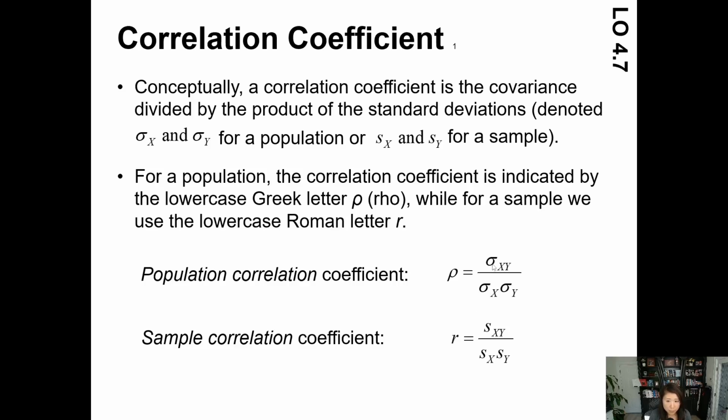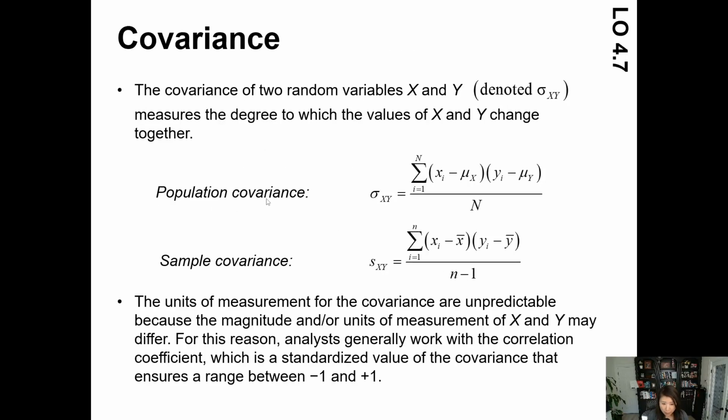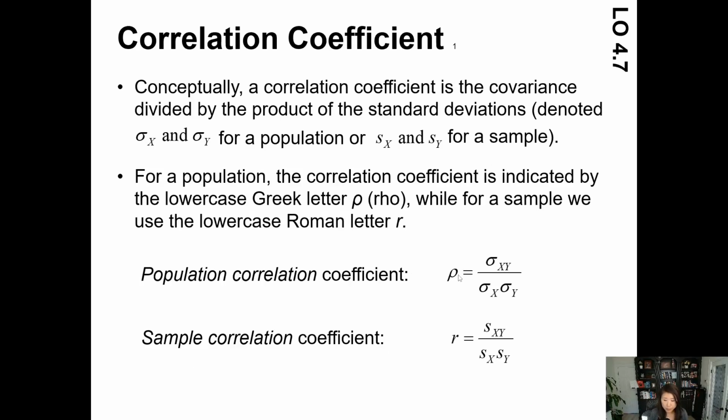The numerator and the denominator are very different. The numerator, sigma xy, is what we just saw, our covariance. So basically the numerator is the covariance between x and y, okay?